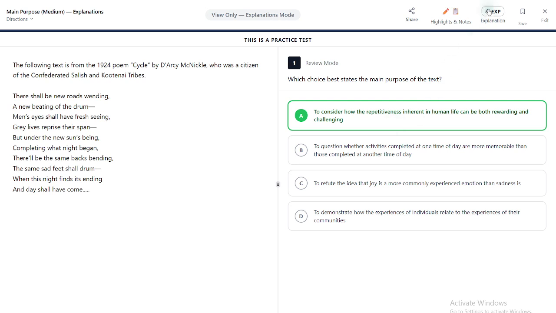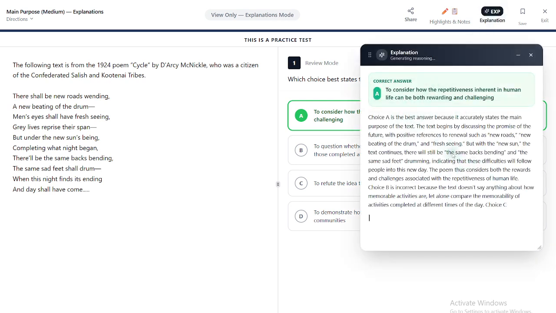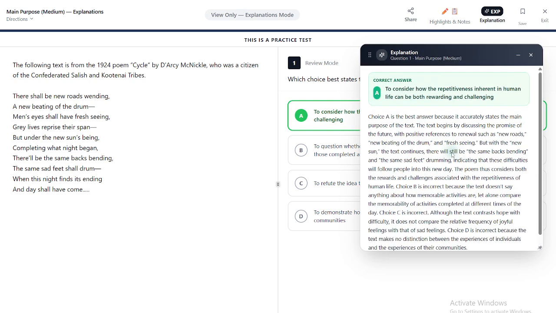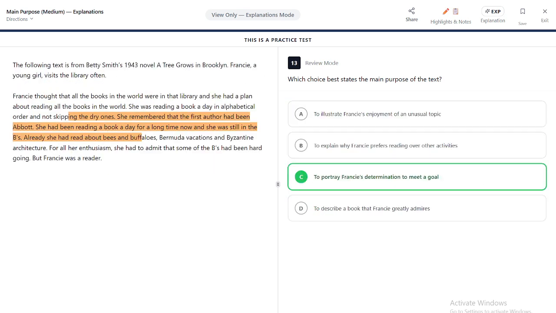You can press this explanation here to get the explanation. Compare your analysis, your explanations, why each answer is correct, why it's not, with the real explanations we have here. Compare them, learn from them, solve them, and you will get better.